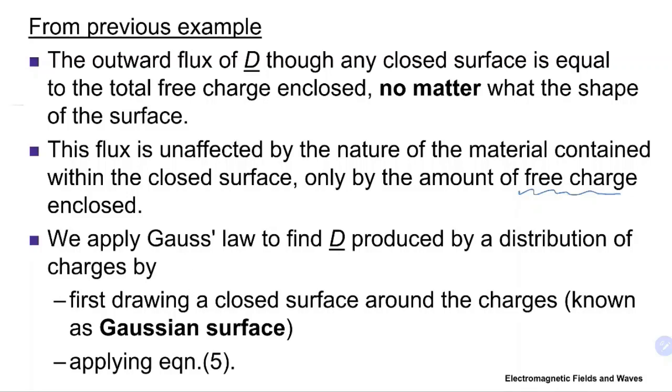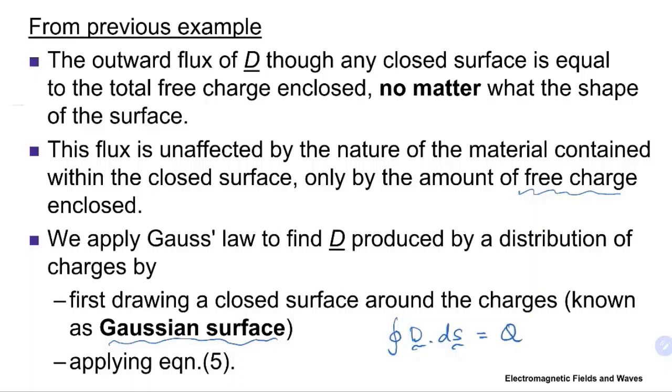So we apply Gauss' law to find D produced by a distribution of charge by first drawing a closed surface around the charge, known as a Gaussian surface. The surface that we draw is called a Gaussian surface, and then we apply the equation: the integral of D dot dS equals Q, and that's our equation.